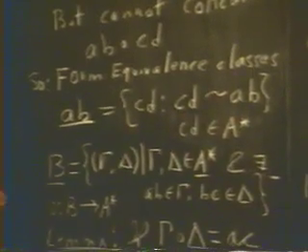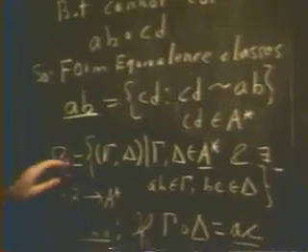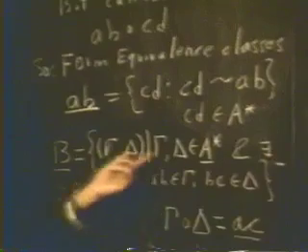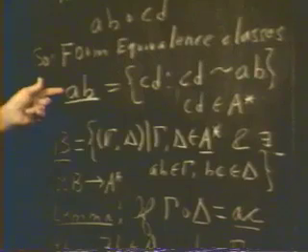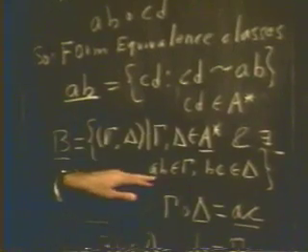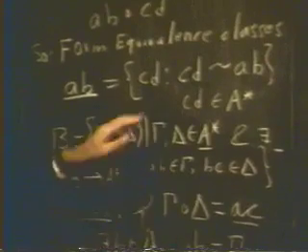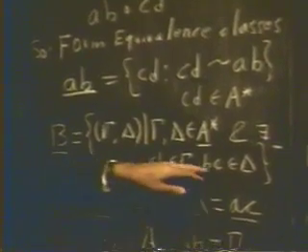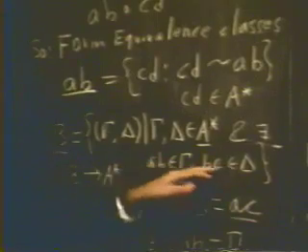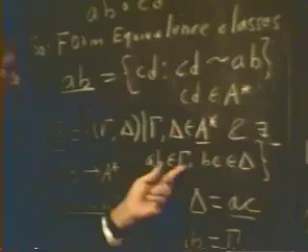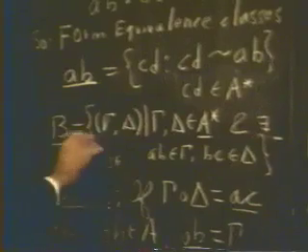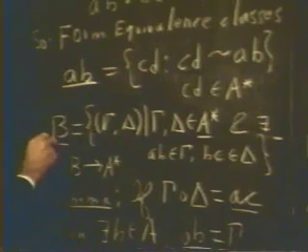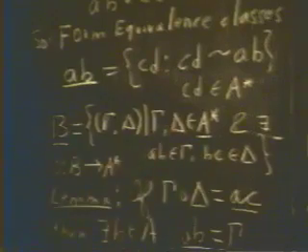Then we want to form the set B, which is the set of all pairs of intervals in A starred underline, that is, the set of all these intervals, such that there exist AB and BC in the original set A such that AB is in gamma and BC is in delta. So, in other words, B is just the carrying of the pairs up to the equivalence classes.